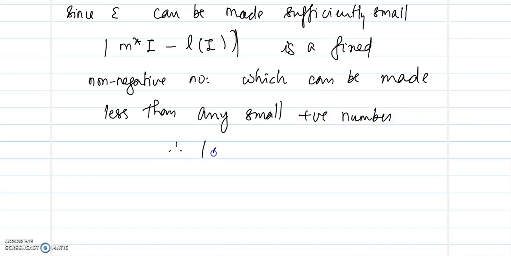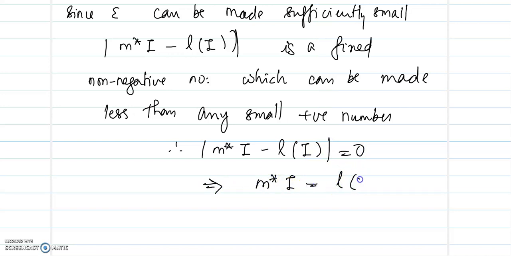So therefore modulus of m star of I minus L of I is equal to 0. So that would give m star of I equal to length of I. So we will get the required result.